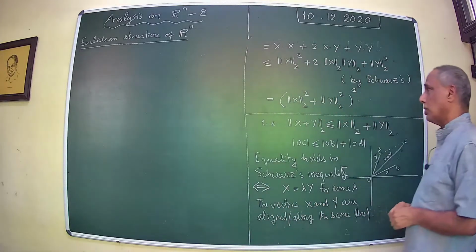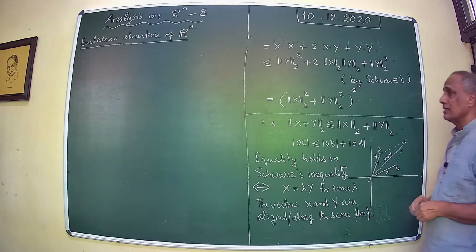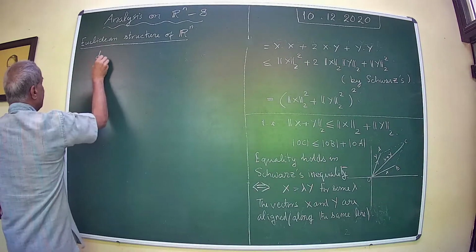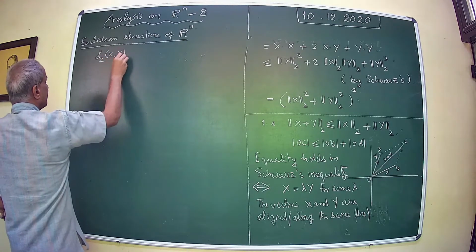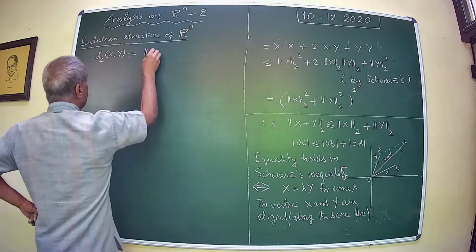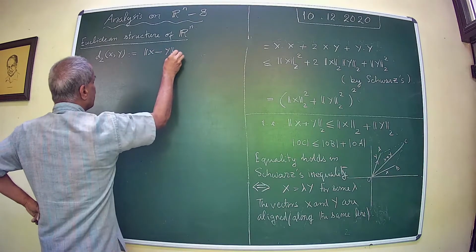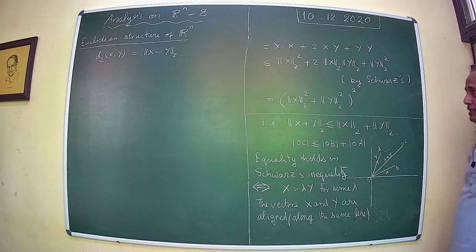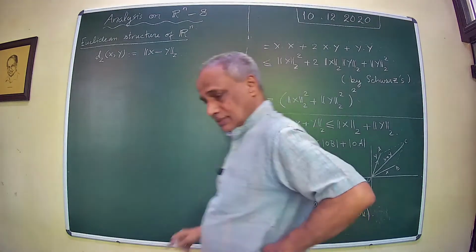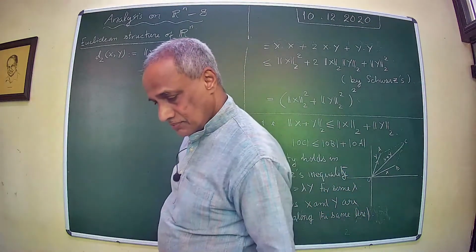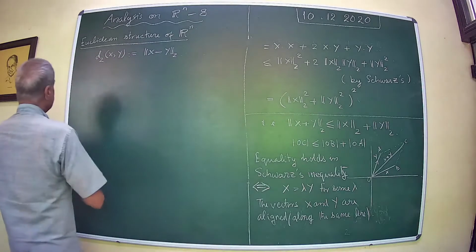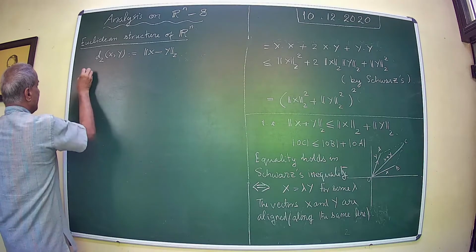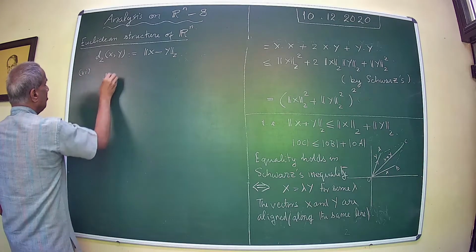Now see, that is more or less the basic things that are on Rn. I also introduced one more thing. I define d2 of x, y as the norm of x minus y. Now if you look at the sixth statement, the sixth statement can be written in terms of d2.